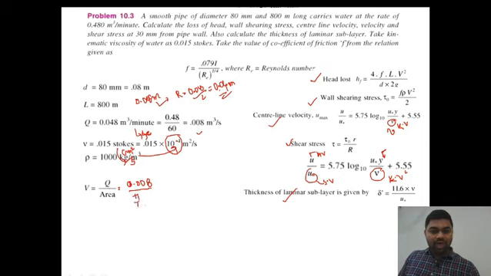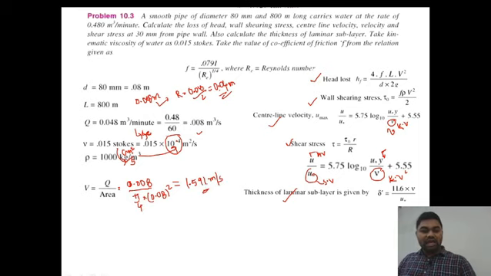The value of d is 0.08. So, the value of velocity, if we calculate this, becomes 1.591 meter per second.